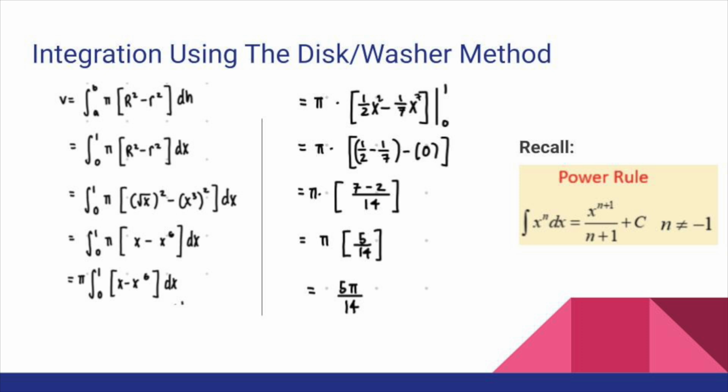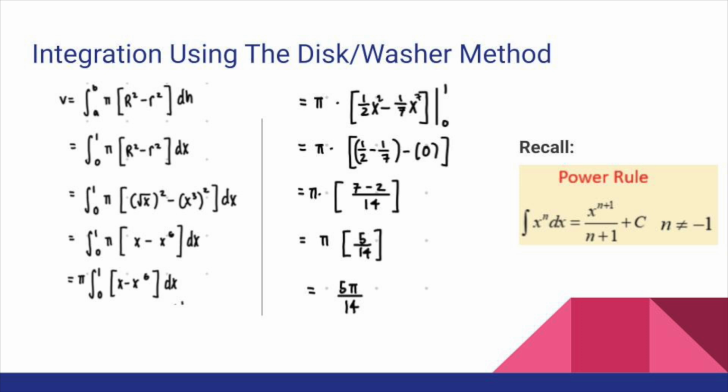To begin integrating, it is important to remember the disc washer method. Recall that volume equals the integration from a to b of pi times capital R squared minus lowercase r squared. Once we have the general form, we can substitute the known values and information.